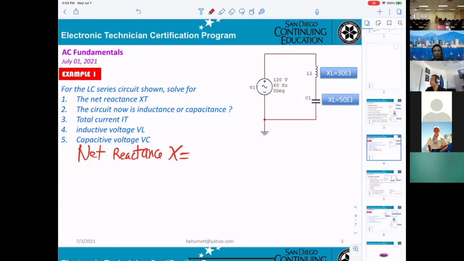XL is 30, XC is 50. So that equals XC minus XL. So that will be 50 minus 30. You get 20 ohm.